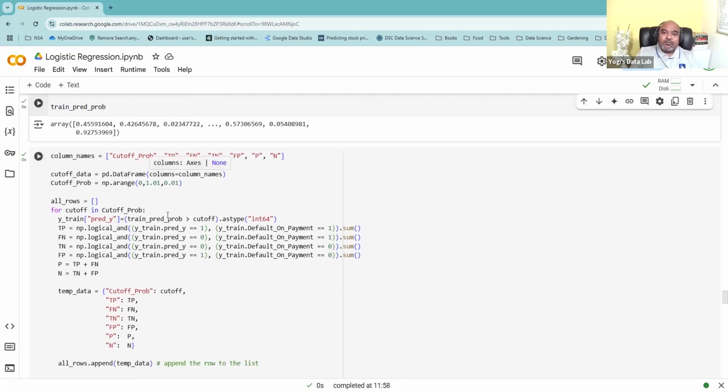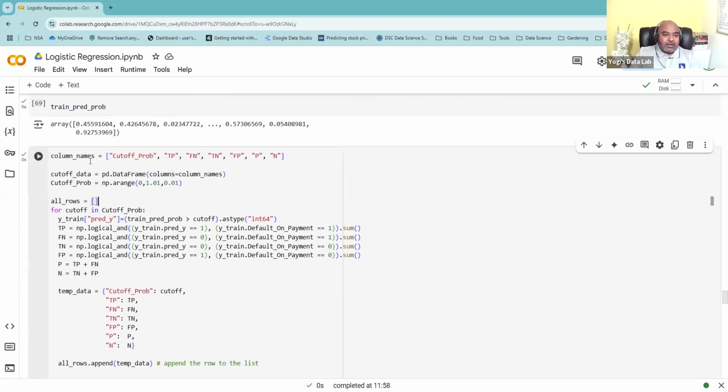Now I'll create a cutoff matrix. I have to use these values to come up with the optimal threshold. Eventually I'm creating a data frame with these column names: cutoff probability, true positives, false negatives, true negatives, false positives, actual number of positives, and actual number of negatives.